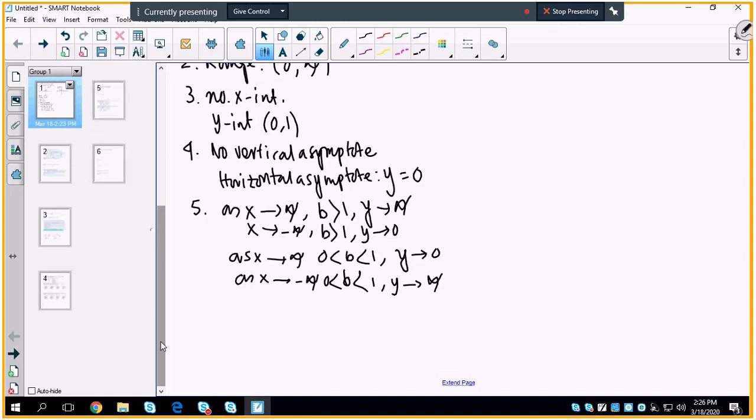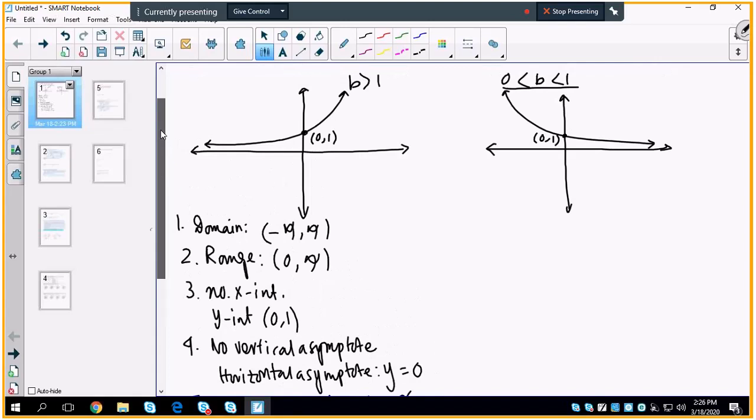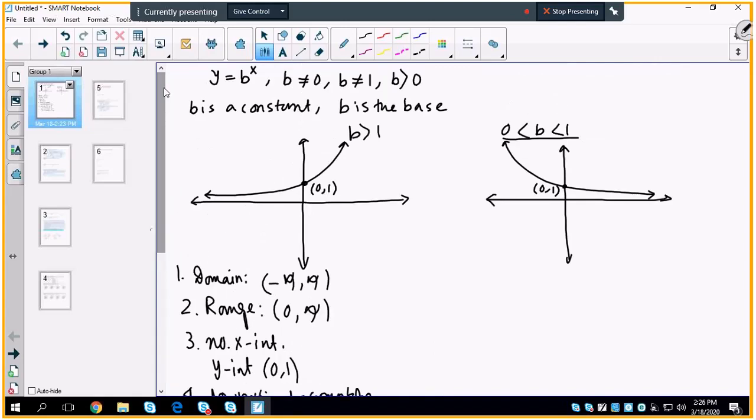What is a logarithmic function? A logarithmic function is the inverse function for an exponential function. What does it mean? If x is your input, then for the exponential function your output is b to the power x. So x being the input, the output is b to the power x. So what is the logarithmic function?